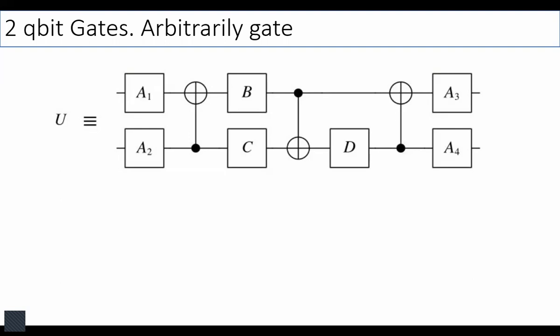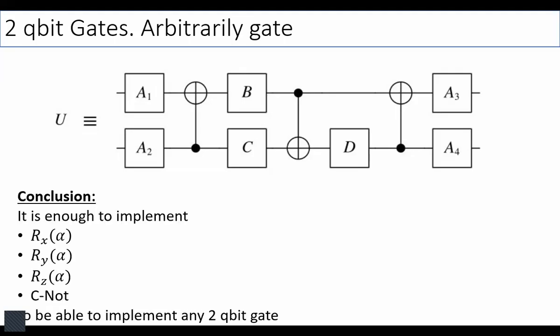And philosophically, for me, this means only one thing, that any 2-qubit operator is possible. Because any 1-qubit operator can be represented as a composition of rotations, in the end, any 2-qubit operator can be represented as a composition of rotations and CNOT.